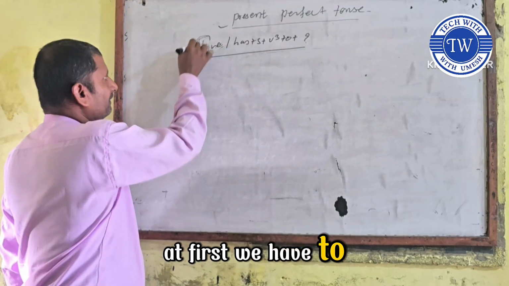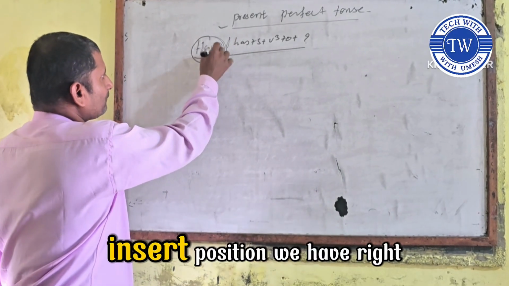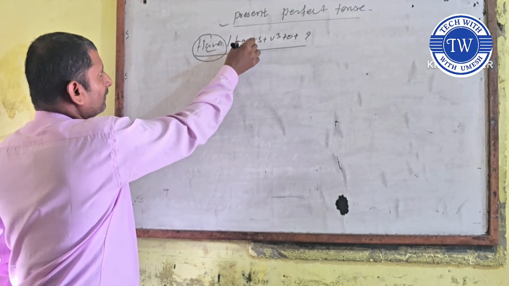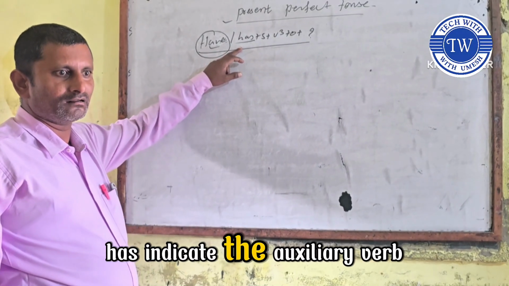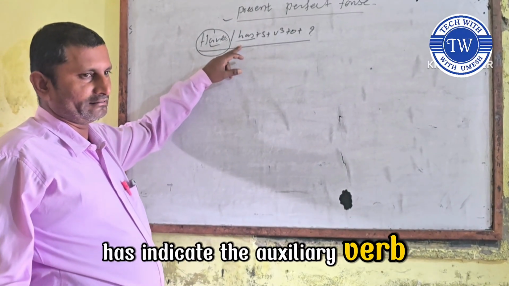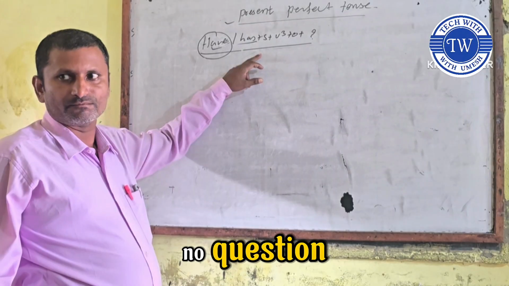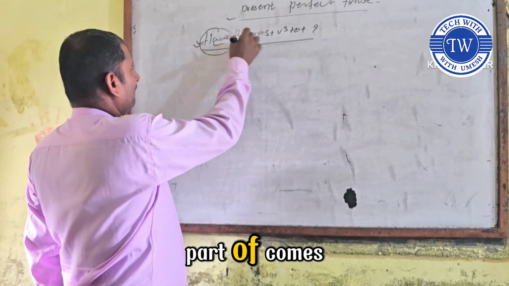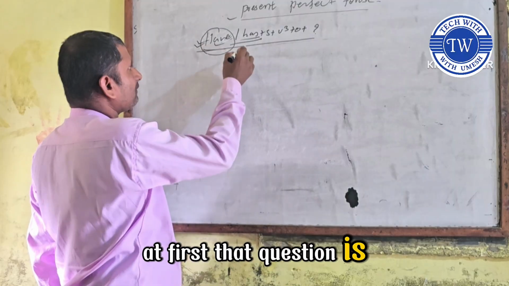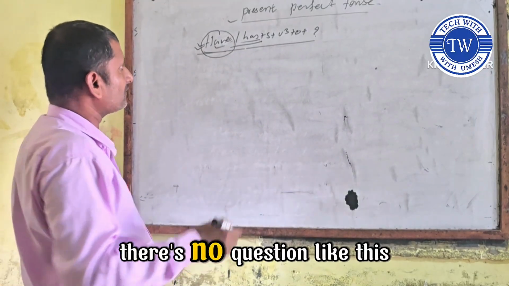In the initial position we have have and has. Have and has indicate the auxiliary verb. That's why it is called the yes no question.